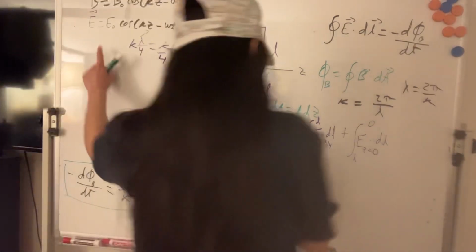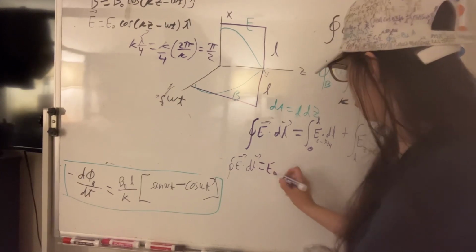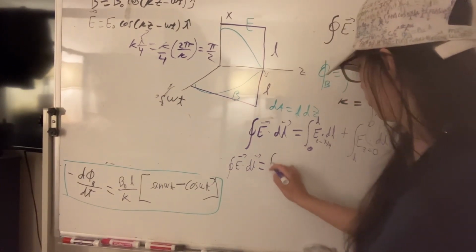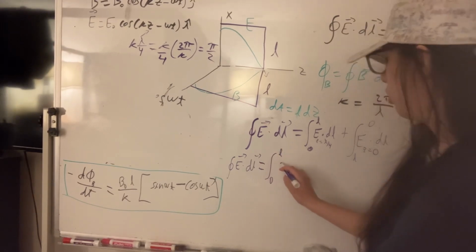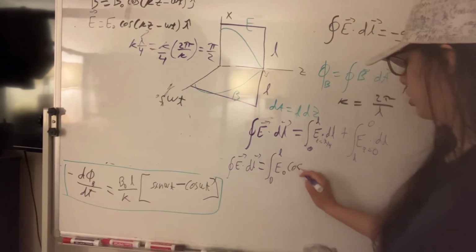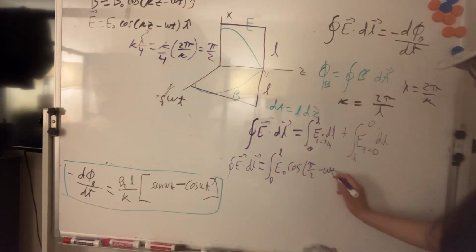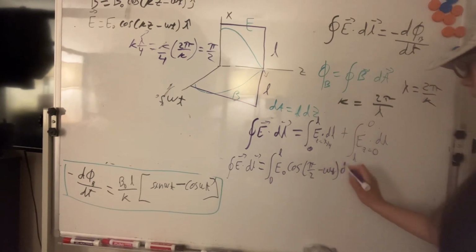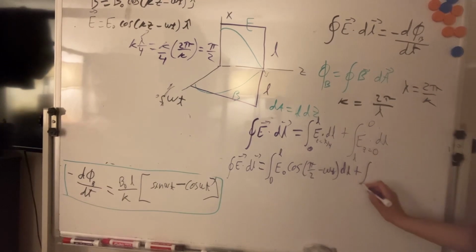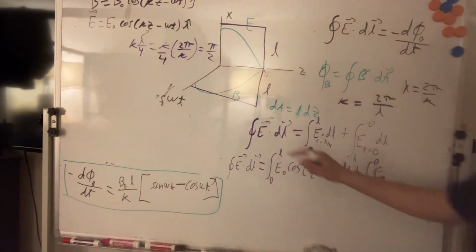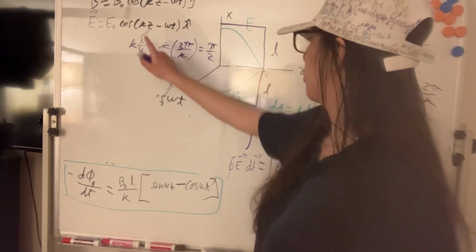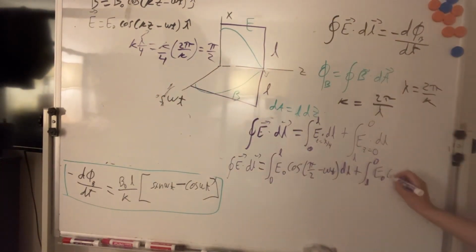So we have the integral from 0 to L of E naught cosine of pi over 2 minus omega t dl plus the integral from L to 0 of E naught, and in this part, because c would be equal to 0, we just have cosine of negative omega t dl.